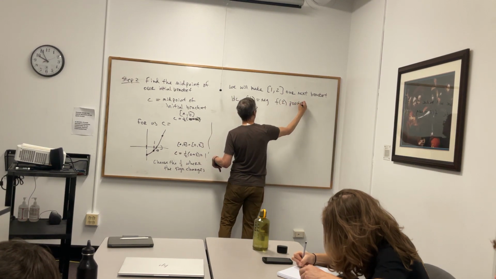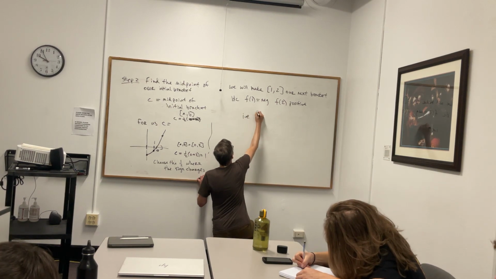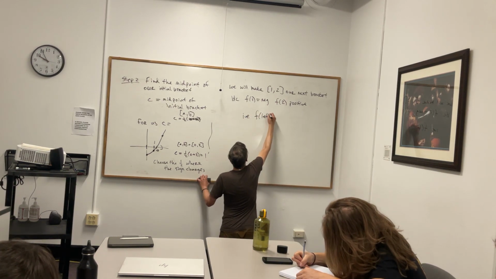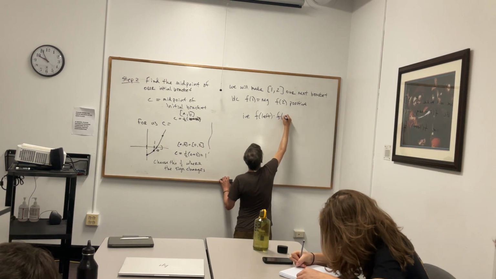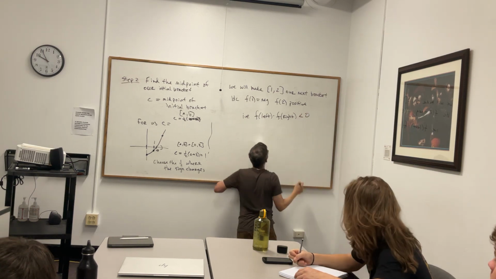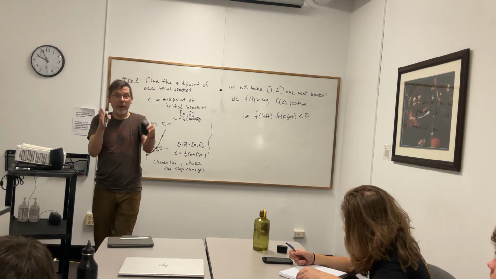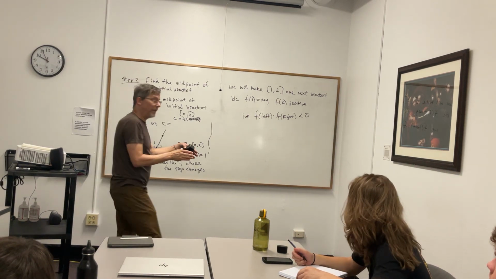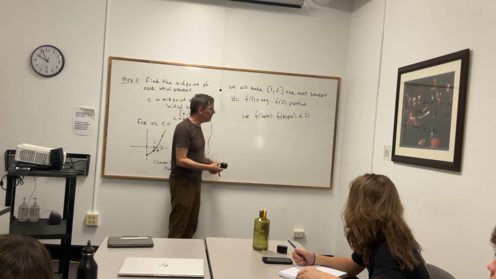And I want to show you a different way to think of this that you're going to see in the code, i.e. f of the left endpoint times f of the right endpoint is negative. That says they have to be opposite signs, so that's how we'll test in code if we actually have a sign change. Okay, all good? Yeah, cool.